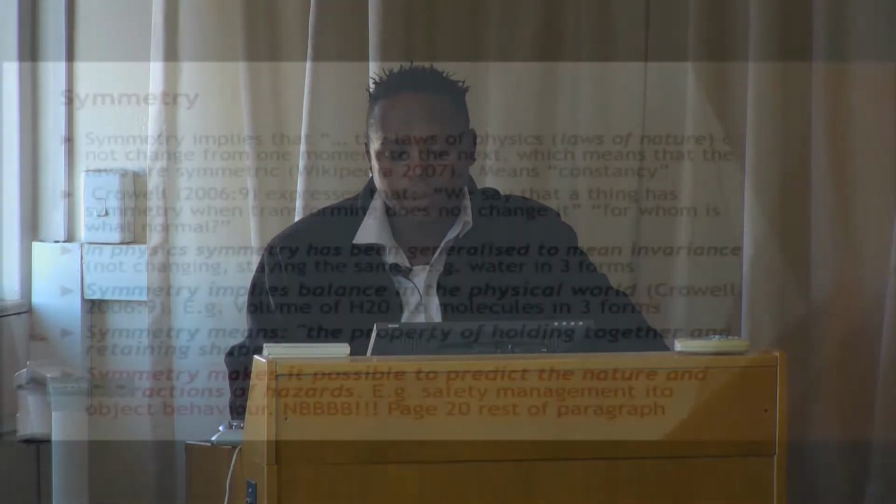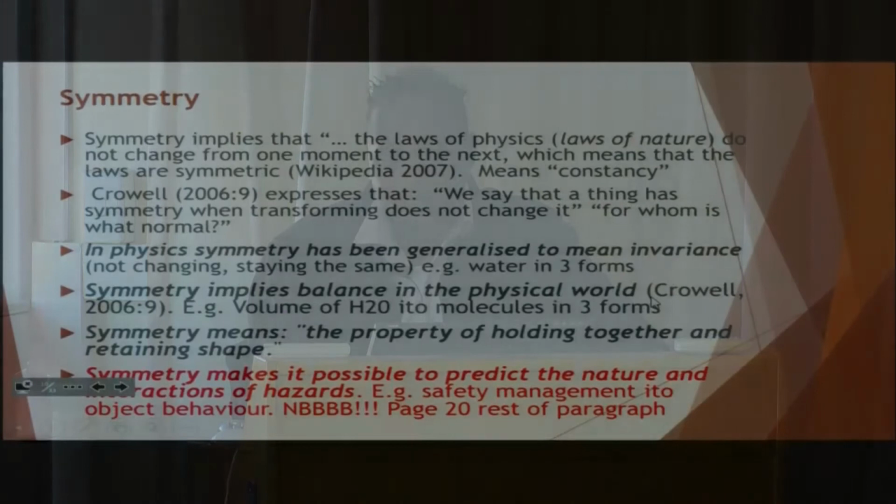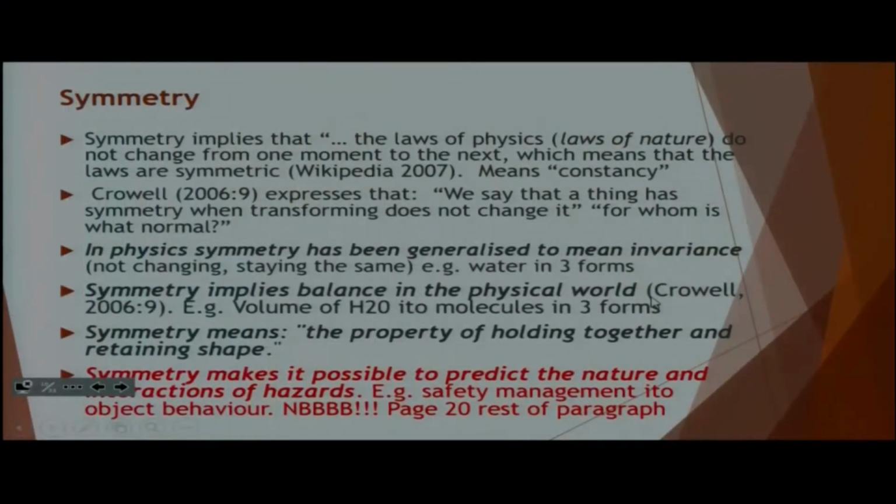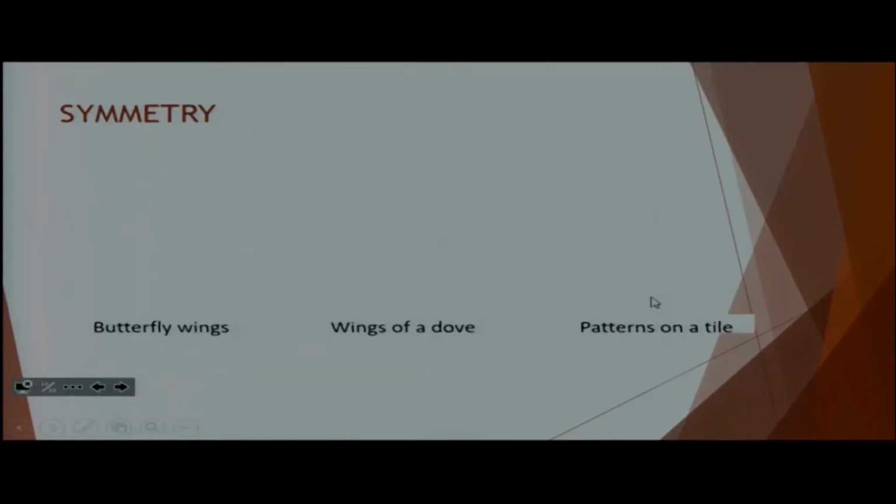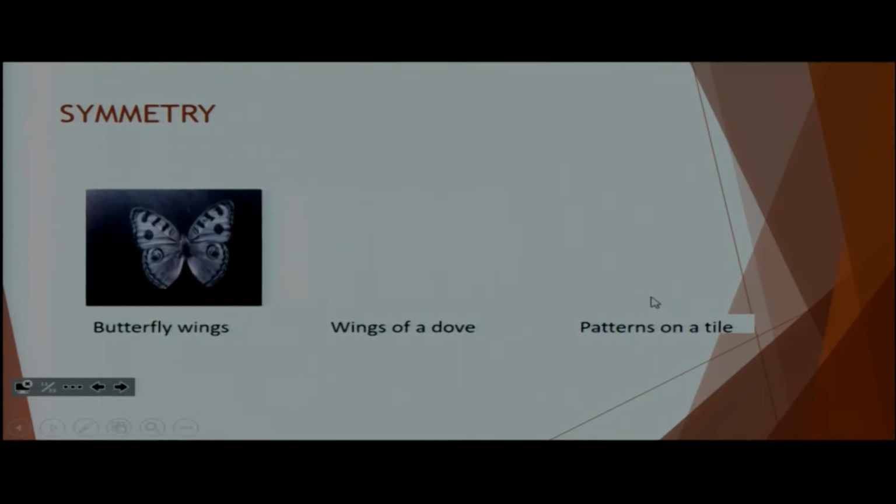Also refer to our prescribed books, page 20, the rest of the paragraph, where it explains the importance of symmetry with health and safety. I'll just summarize it for you. Because we understand that hazards are symmetrical, and we have a specific machine in the workplace, we understand the nature and the use of that particular machine.